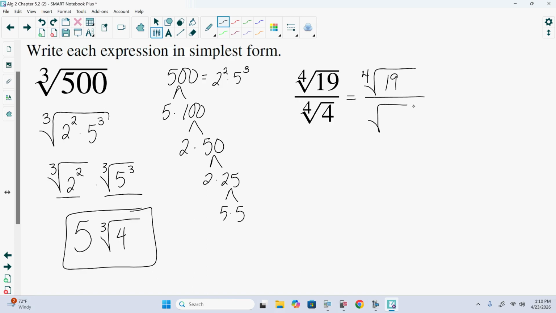However, the denominator, 4 is 2 squared. Now, what's interesting with this here is that the 4th root of 2 squared is the same as the square root of 2.